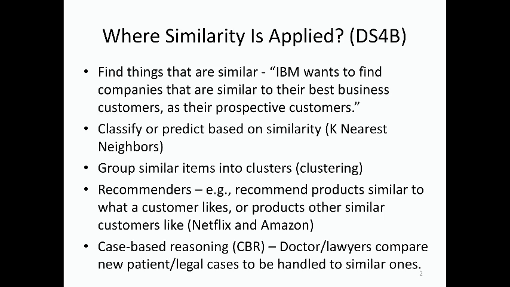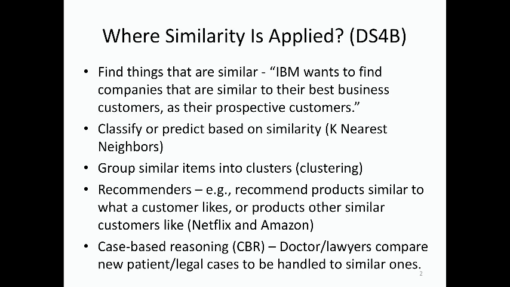Those similar objects or customers are essentially the K nearest neighbors. The next task is also one that we will look at, not today, but next time, based on similarity, is that knowing which items are similar, we group similar ones into single clusters and dissimilar ones into separate clusters. That's a task called clustering.